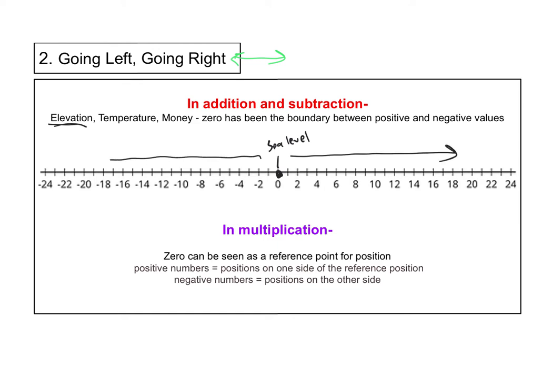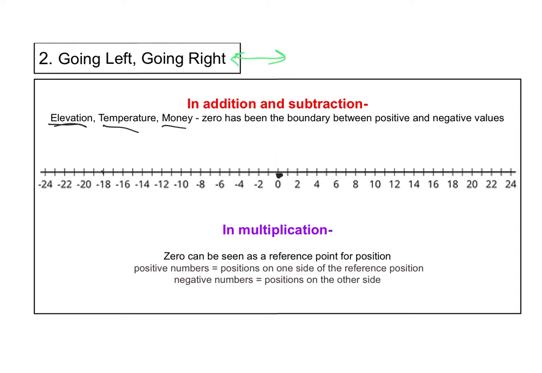All of our negative numbers were below sea level. You can also think of what that meant for temperature, where 0 was freezing and all of our negative numbers were below freezing, positive numbers warmer than freezing, and money, where 0 meant we had no money, positive numbers meant we had money, and negative numbers meant we had debt.